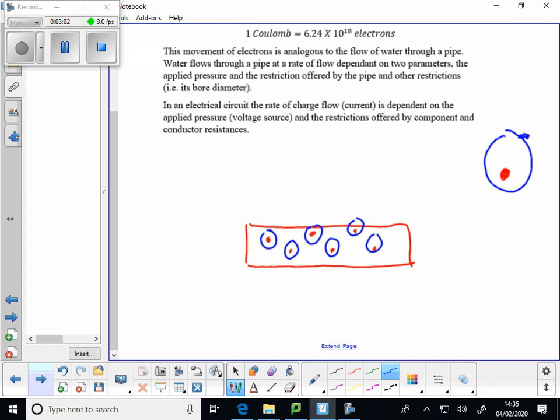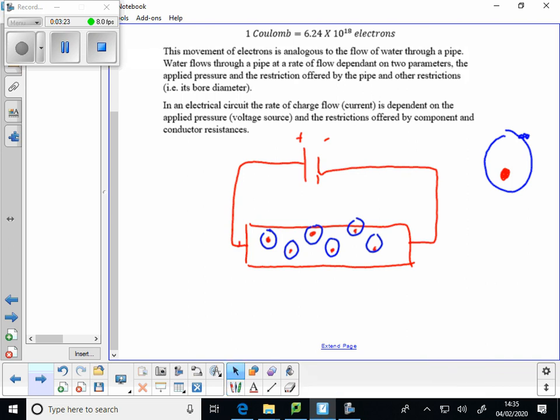But if we connect a battery to that, plus and minus, like so, remembering that the whole conductor is copper, this positive charge here will attract this electron to jump ship and go over.